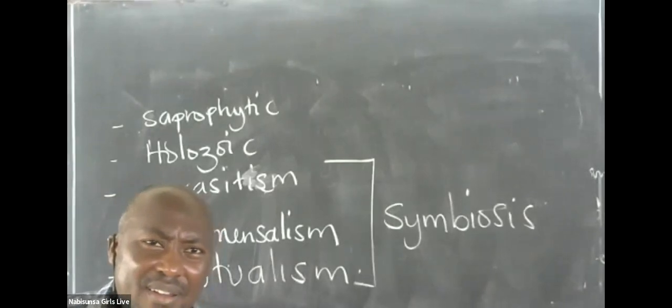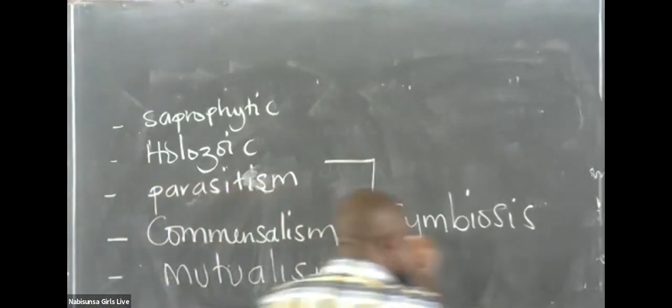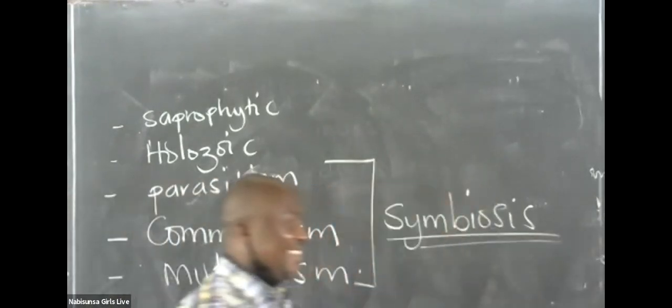Amina, I think. Yes. Symbiosis. So you want to get from? Yes. An interaction between two different organisms living in close physical association. That is very good. I'm getting what symbiosis means.